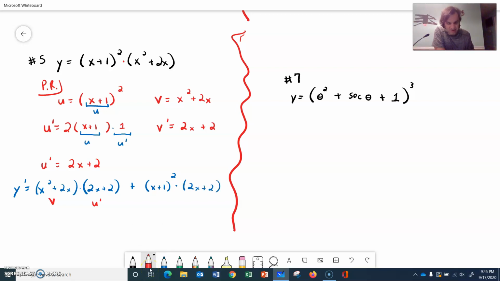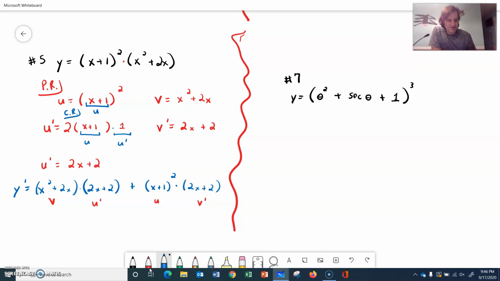So that is u and v prime. And the book kind of does some stuff to clean that up, but if you go through this version, you have the right answer. I'll go back and make a little note here where I've underlined in blue. That was the chain rule. Okay.